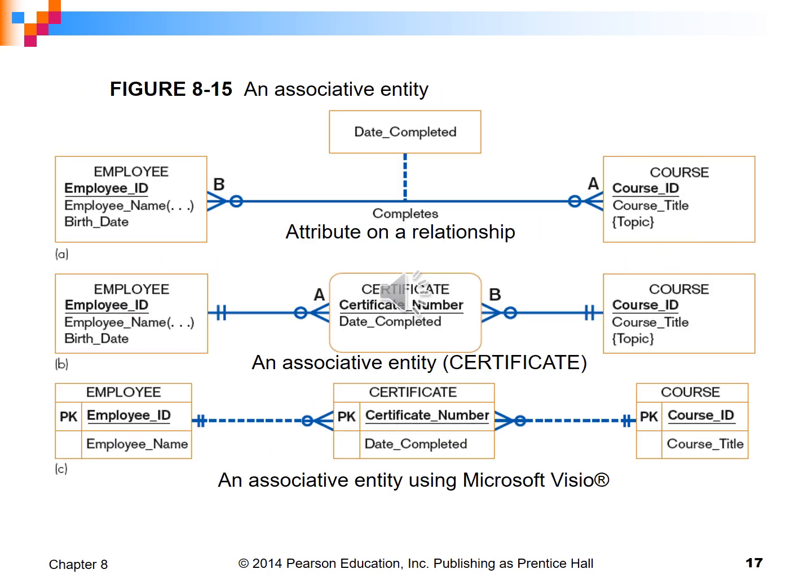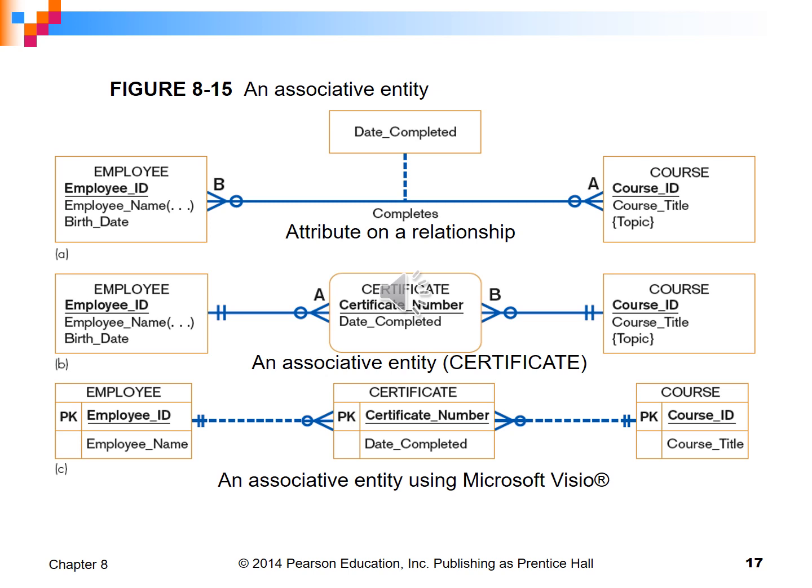Well, if we look at this example, look at employee and course. The relation between them: the employee is B and the course is A, and the entities are many-to-many, optional, of course. The employee could have many courses, and the course could be taken by many employees.